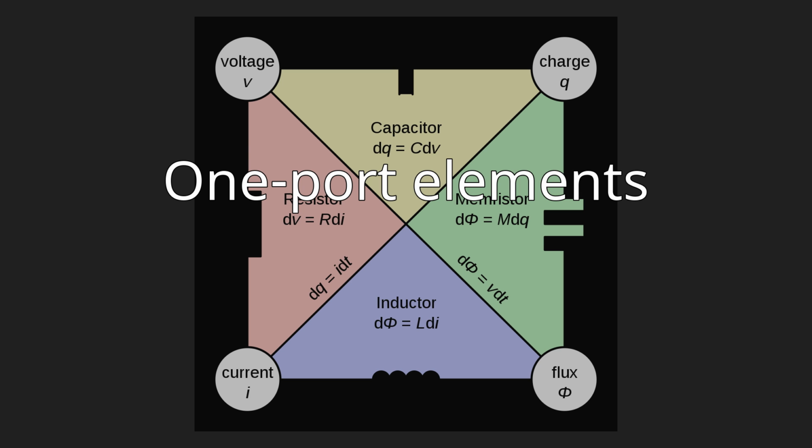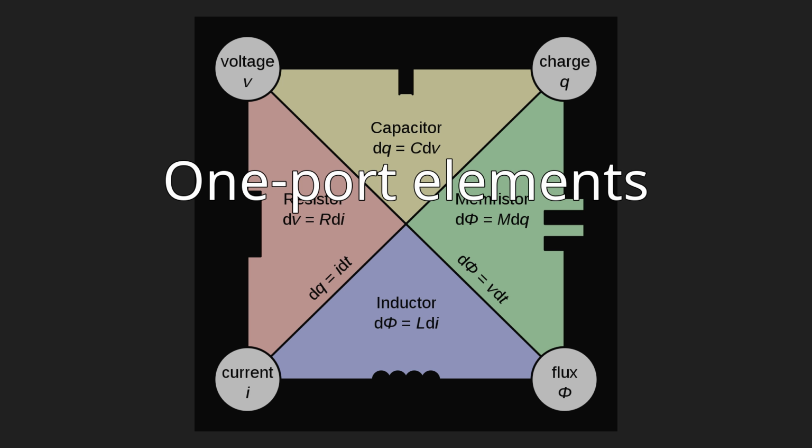Resistance R, measured in ohms, produces a voltage proportional to the current flowing through the element. It relates voltage and current according to the relation dV = R di.